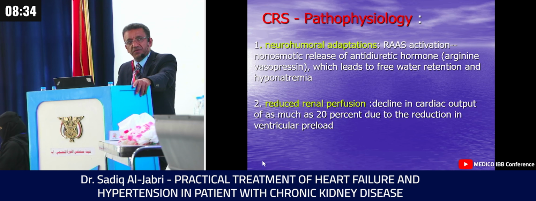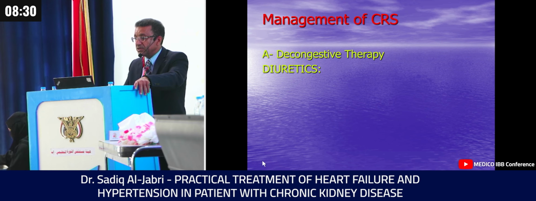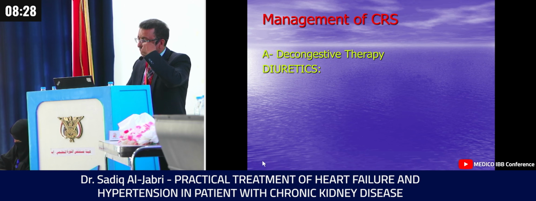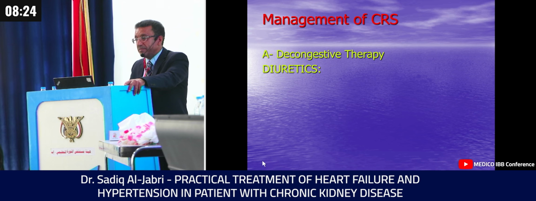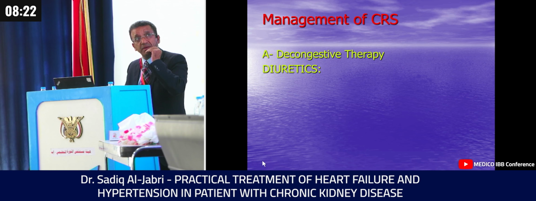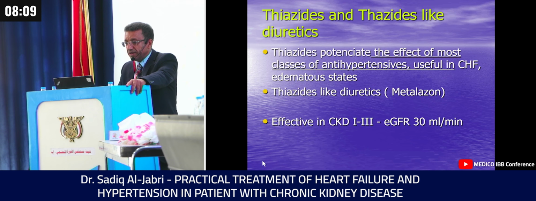The pathophysiology of cardiorenal syndrome is well known, so I will skip it. How to manage the cardiorenal syndrome or heart failure in CKD patients? The main therapeutic plan we are giving starts with the diuretics. We are using different types of diuretics, starting with loop diuretics, which are safe in stage 1 up to 5.